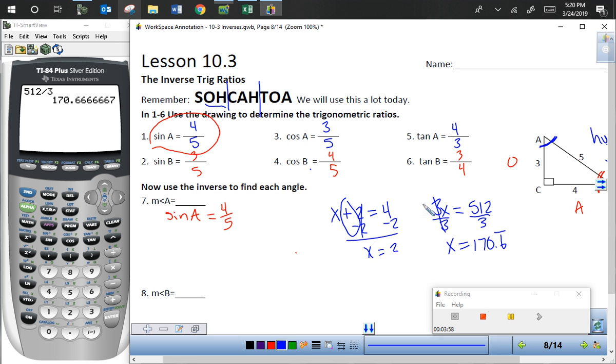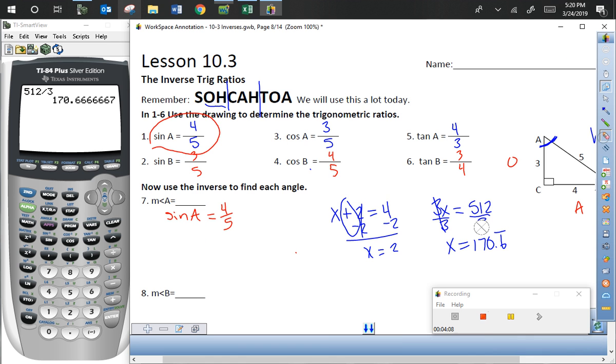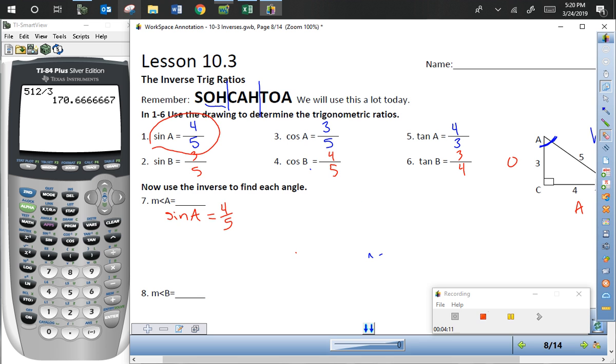But the key is, over here on the left-hand side, the inverse operations cancel each other out. The same thing is going to work for this equation here. By definition, the inverse operation of sine is the inverse sine. You'll notice on your calculator, right above the sine, there's this weird looking thing that says sine with a -1 exponent.